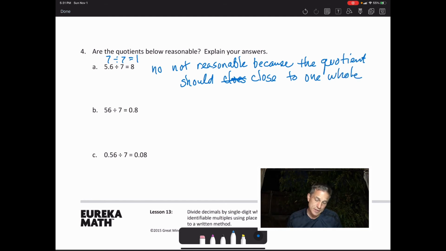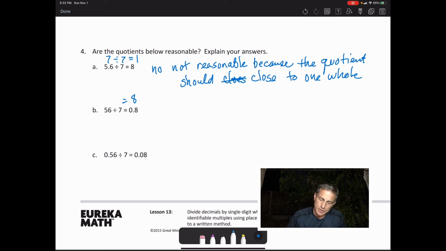All right, in the second example, I have 56 divided by 7. Okay, so 56 divided by 7, I don't have to really round that because I know that's a fact family. So 56 divided by 7 equals 8. And 0 8/10 is not really close to 8. It's actually close to 1.